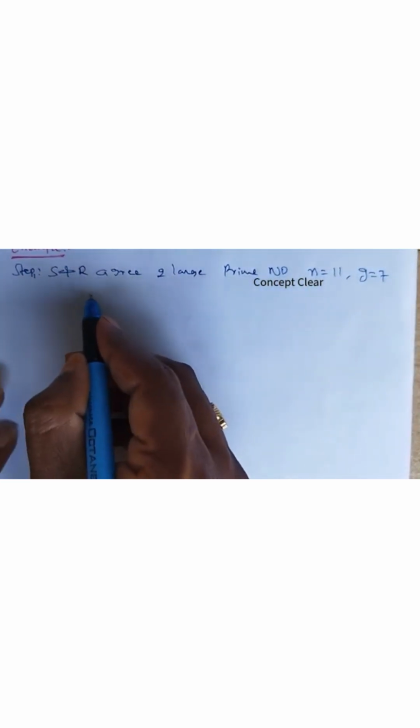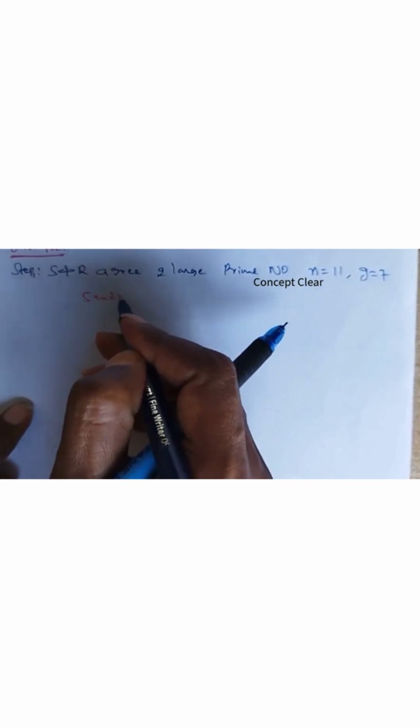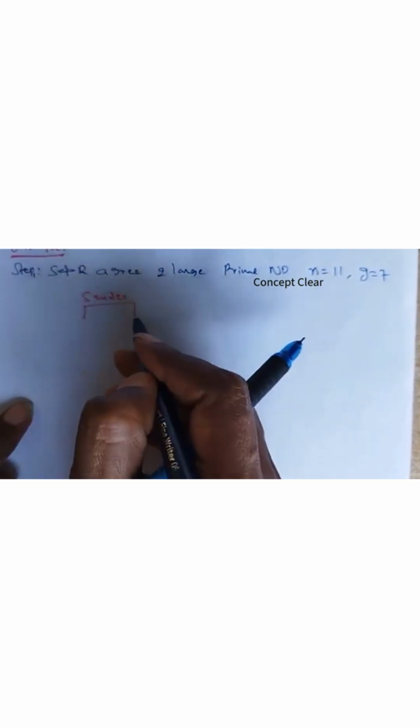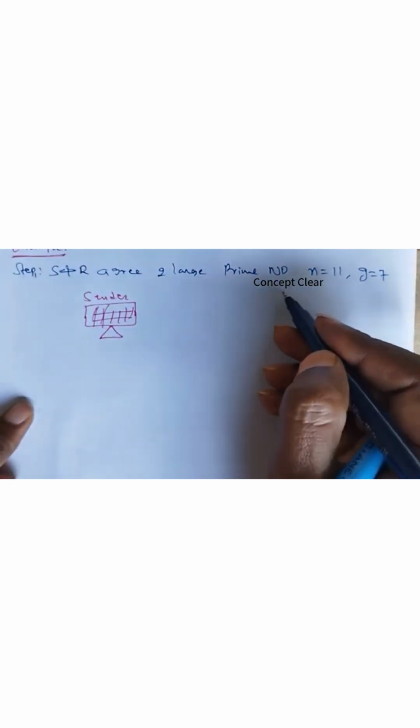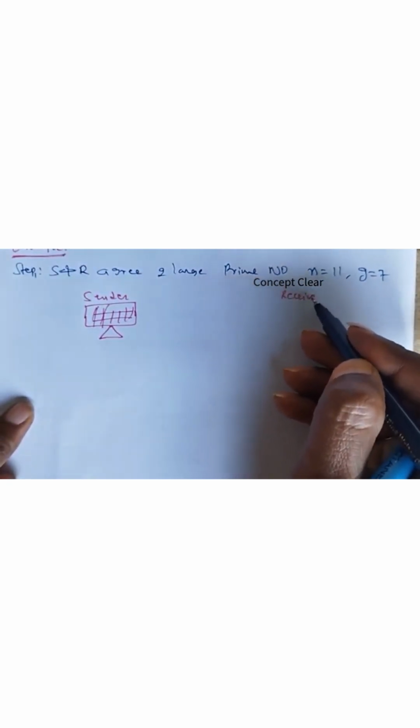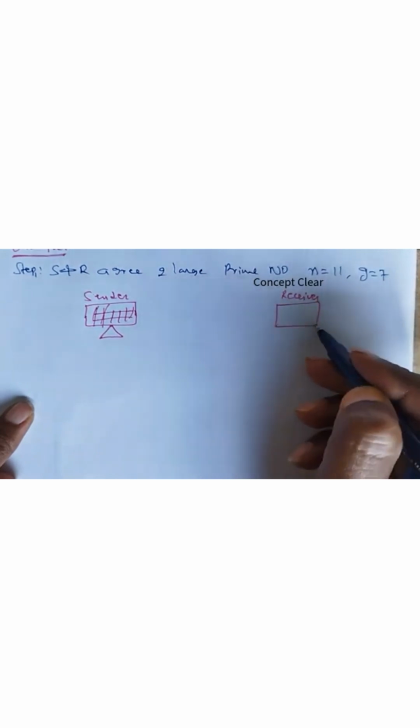Okay, assume this is the sender computer, and this is the receiver computer. Assume this is the sender and receiver.